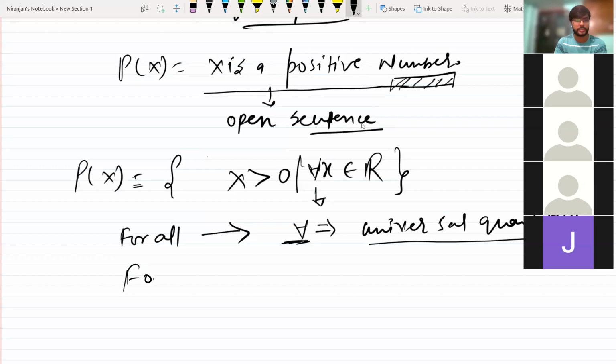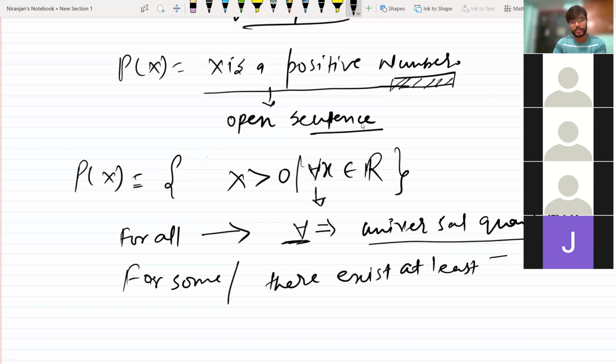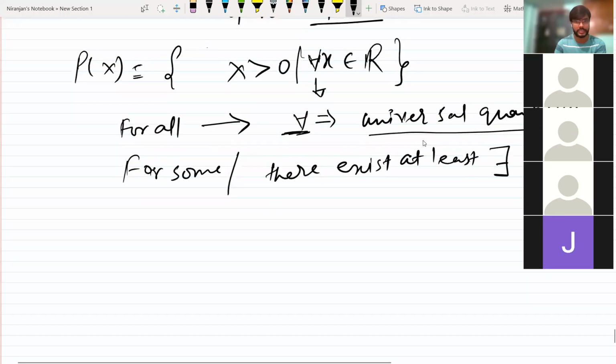And there is another quantifier that we say as "for some," or "there exists at least." We use this symbol, ∃. This symbol is known as the existential quantifier.